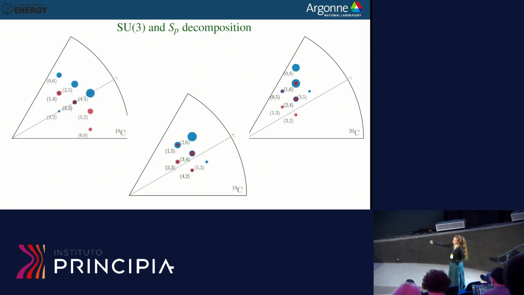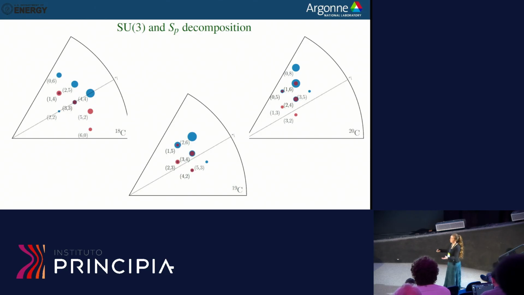You see a similar thing in carbon-18 and 19. In carbon-18, the SU3 picture is breaking down because you have lots of different spots on these plots. They're all at roughly the same deformation for spin proton equals 0 and spin proton equals 1. This is somewhat consistent with using a deformed SU3 picture instead of the spherical SU3 picture.